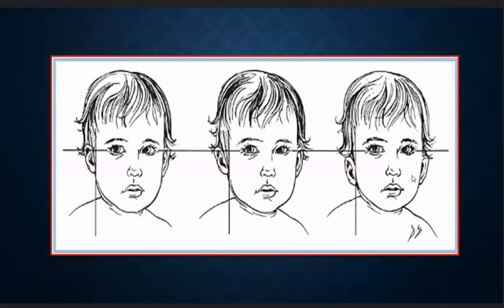But proper determination is by drawing an imaginary line between the outer canthus and the occipital protuberance. This patient, if you do it, has two abnormalities: low set ear and cleft lip, which may be associated with cleft palate.